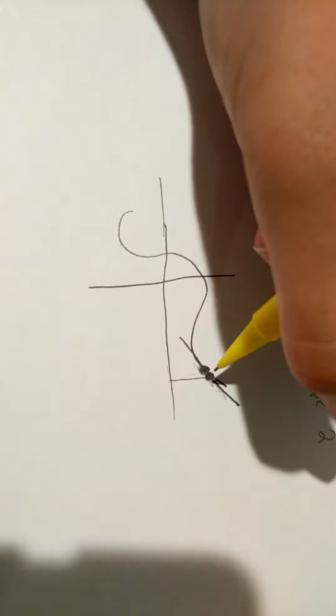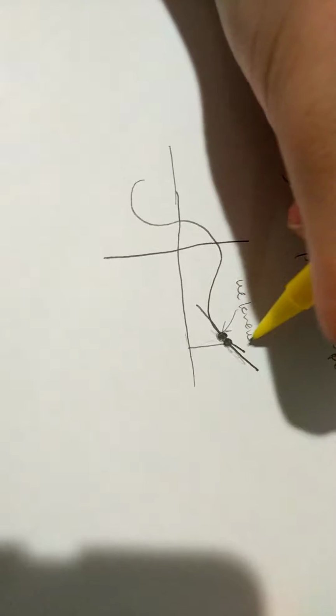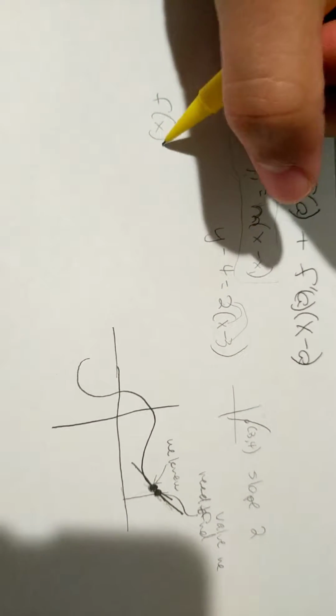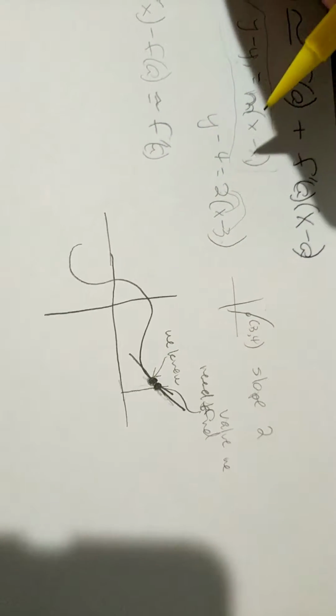So if we take this value right here, which is the value that we know, and we're trying to find it for here, the value we need to find, we can take the difference between the y values, that's going to be about the slope of the value that we already know times the difference between the x values that we already know.